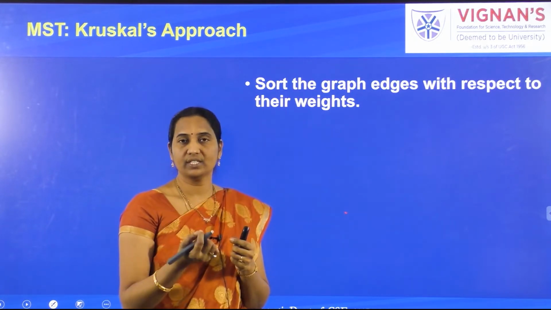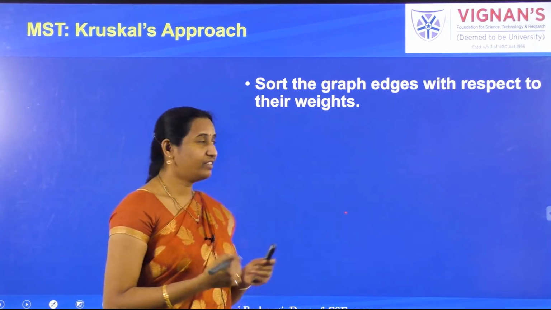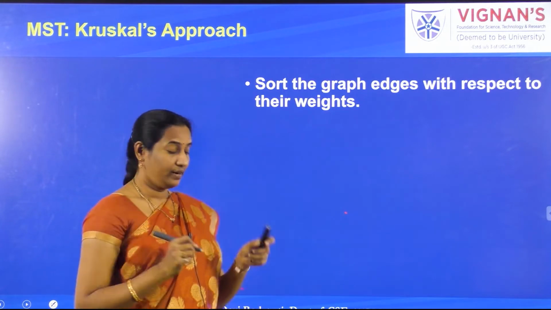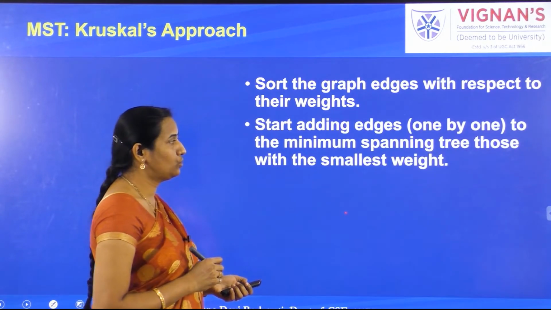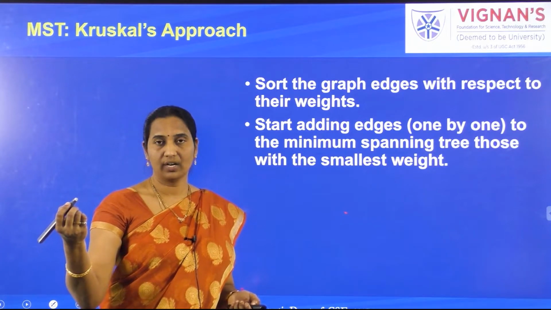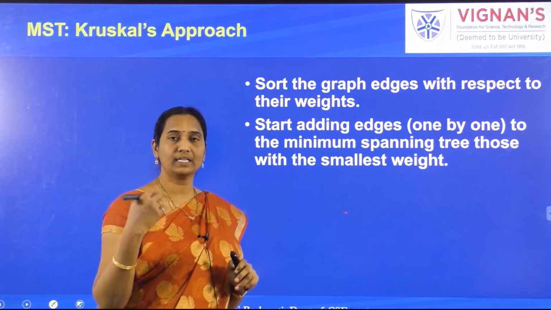While choosing the edges, you are choosing the ones with the least cost. For that, the first step is to sort the edges in ascending order, and then add the edges one by one to the solution, the spanning tree or subgraph.